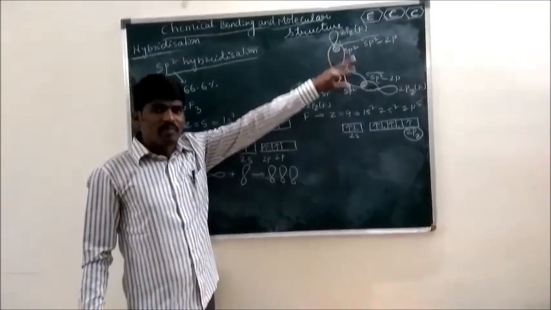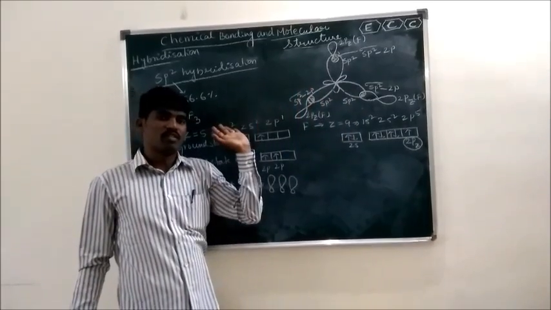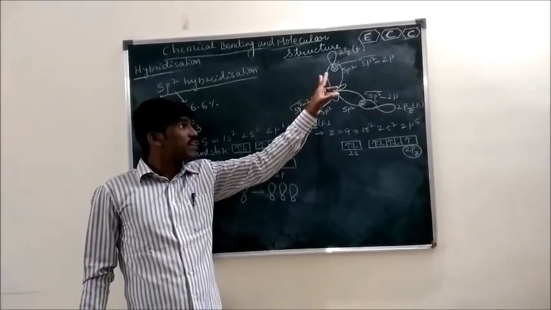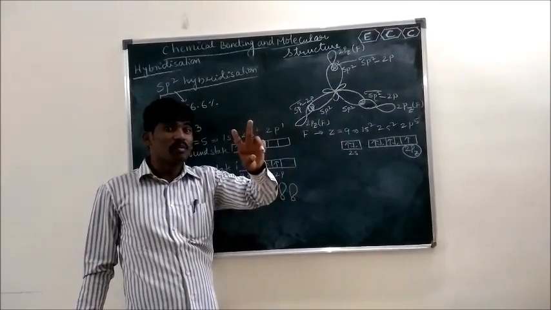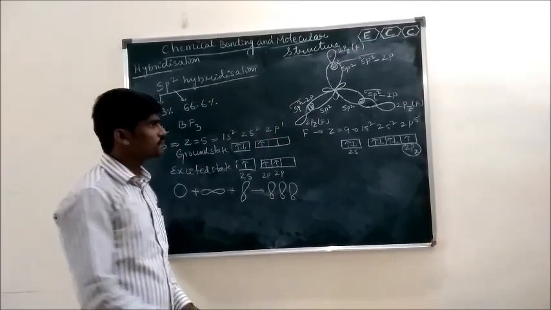Remember that hybridized orbitals always lead to the formation of sigma bonds. Unhybridized orbitals lead to the formation of pi bonds, which we will discuss in organic compounds.